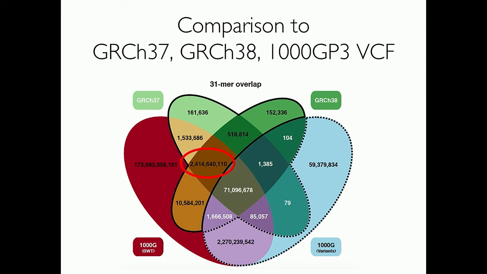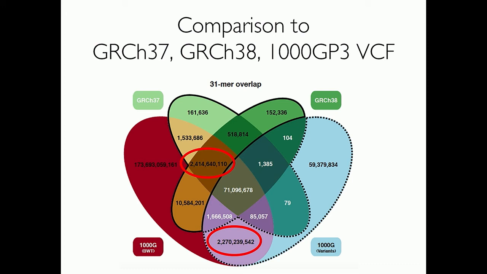And firstly, there's a lot of things shared by the references that we see, about 2.5 gigs. There's about another 2 and a bit billion 31-mers which are found in the 1,000 genomes variants, which we find, but are not in the references.